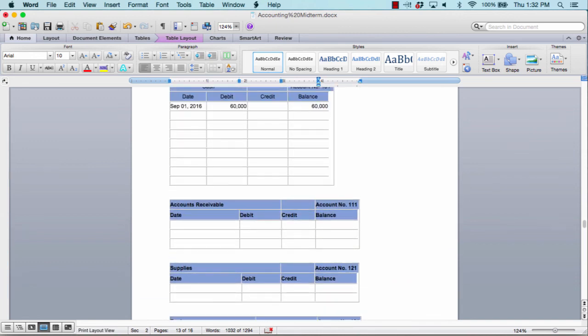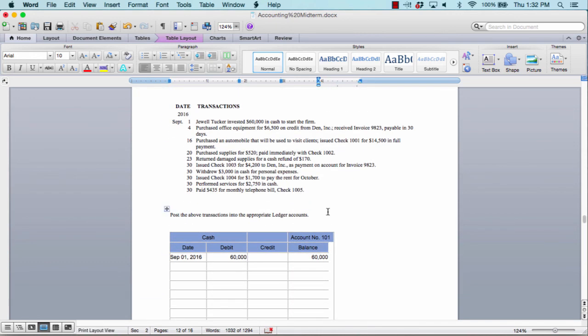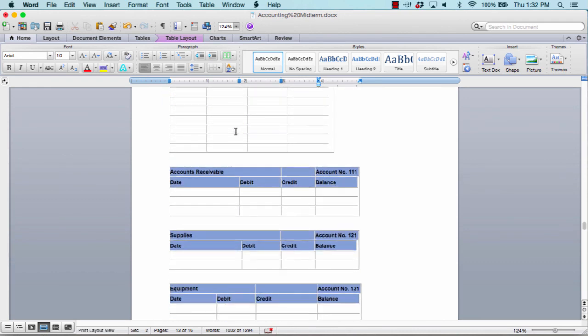And you go on to transaction number 2. Purchased office equipment for $6,500 on credit, and received an invoice payable in 30 days. So you know that you're going to increase your equipment account. So you go to equipment.